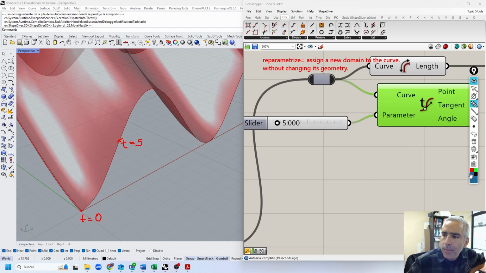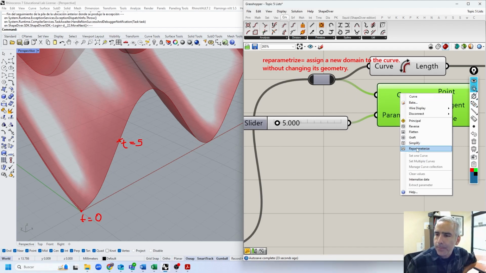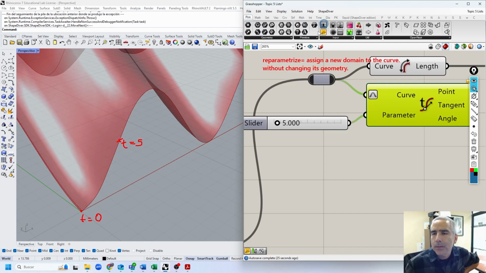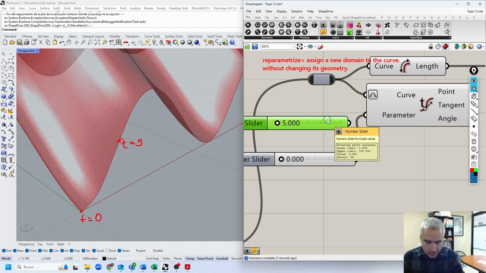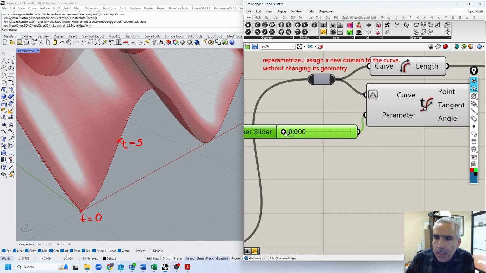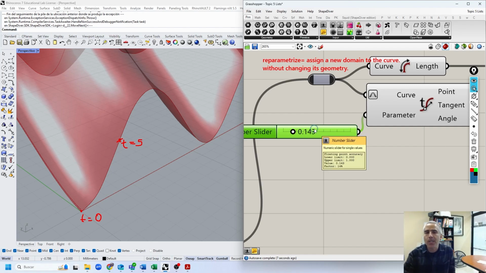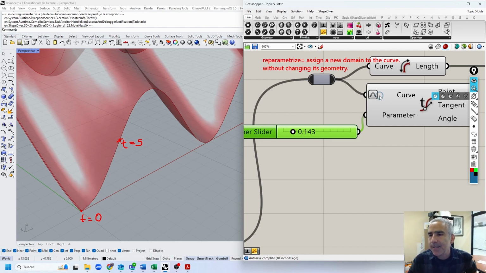So now, I'm going to reparametrize the curve, and I'm going to get a 0 to 1 slider. I'm going to plug that in here and delete that, and now you can see that that same point is at 0.13. That is because the curve is being reparametrized when it goes into the input of that component.